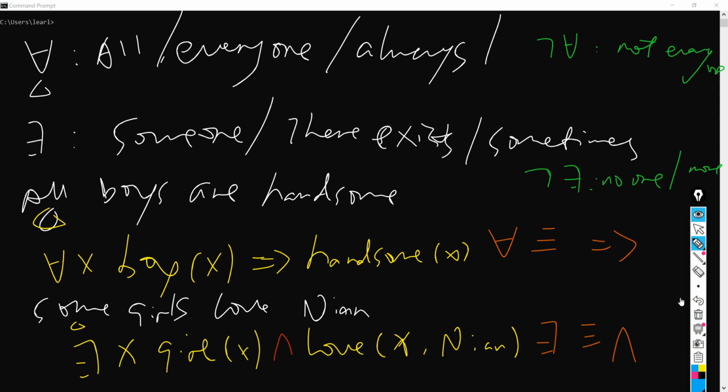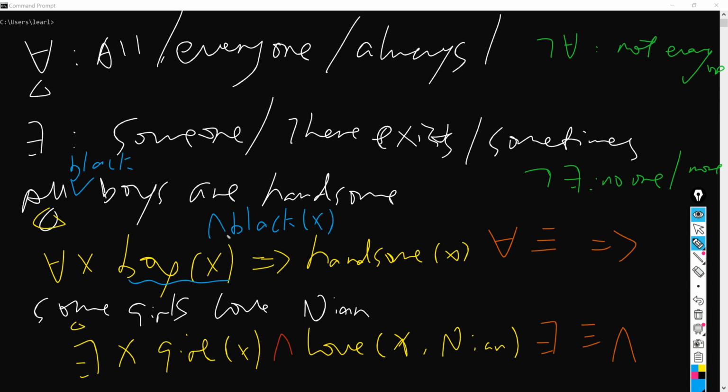So for example, all black boys are handsome. Alright, I just added this thing here. So instead of just having boy, I have another function, that is black. So what should I do now?